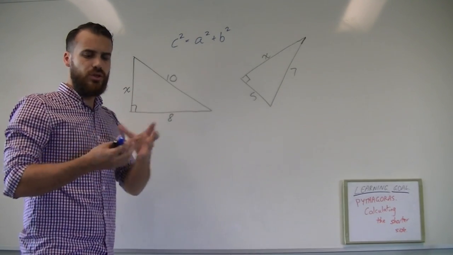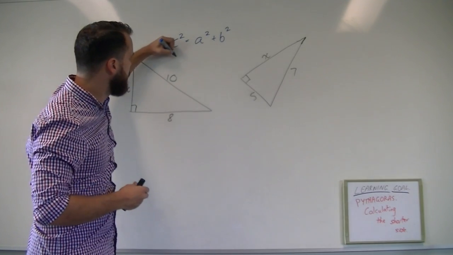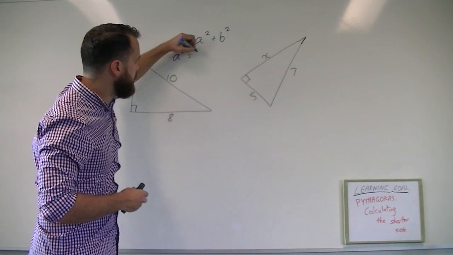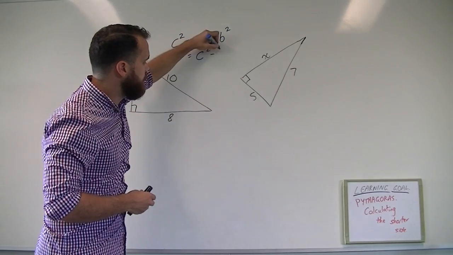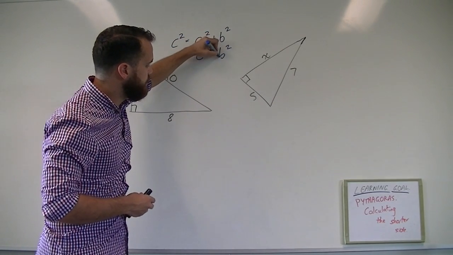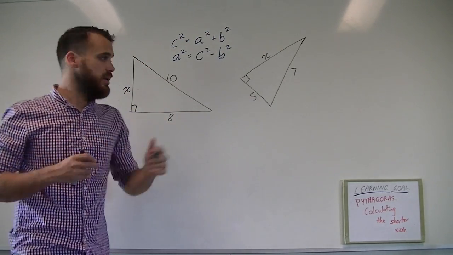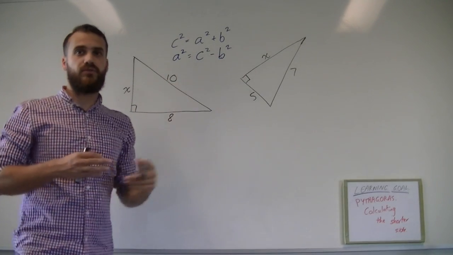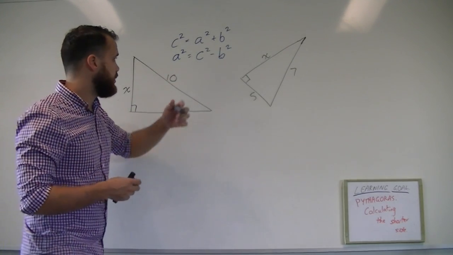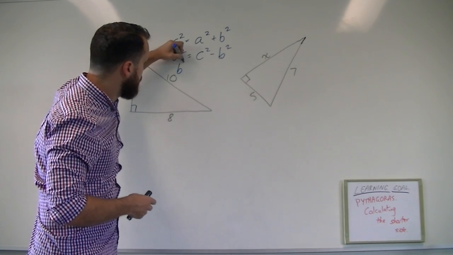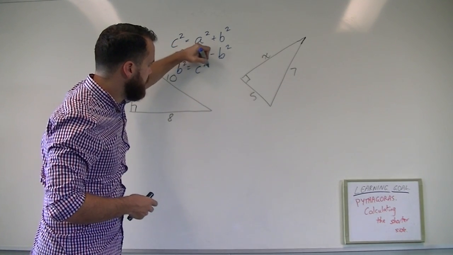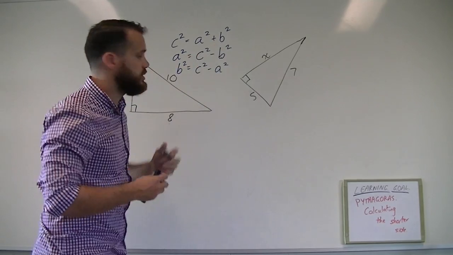Okay, so two different formulas you can use. You can use a squared equals c squared minus b squared. Okay, there's one. That formula is designed for finding a. The other one you can use, b squared is equal to c squared minus a squared.